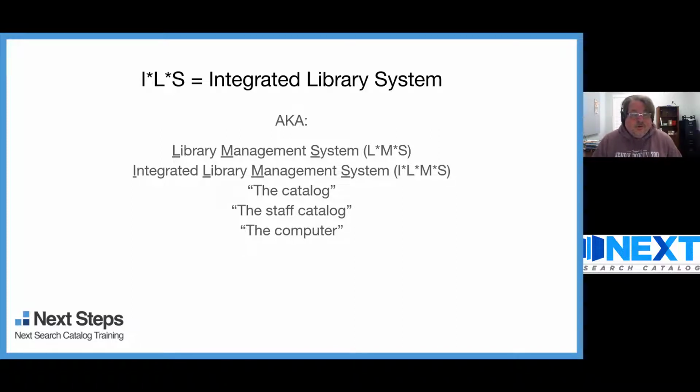Sometimes you might hear it referred to as the Integrated Library Management System, or ILMS, which is not to be confused with the IMLS, which is another library acronym that's short for Institute of Museum and Library Services. But you might also hear it referred to as the catalog, the staff catalog, the system, the computer, or for us, you might hear it referred to as Next, or an Express, or Koha.